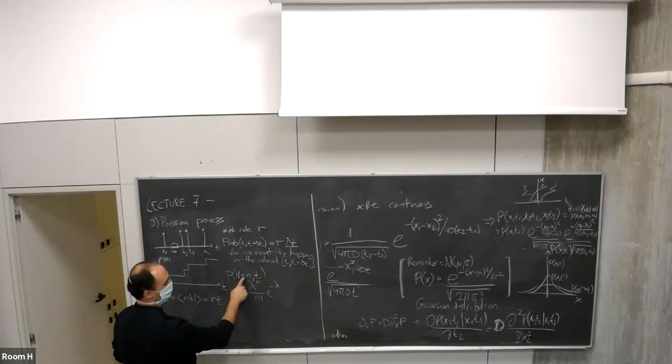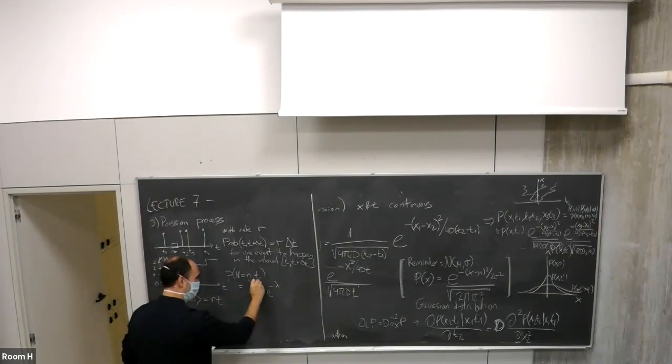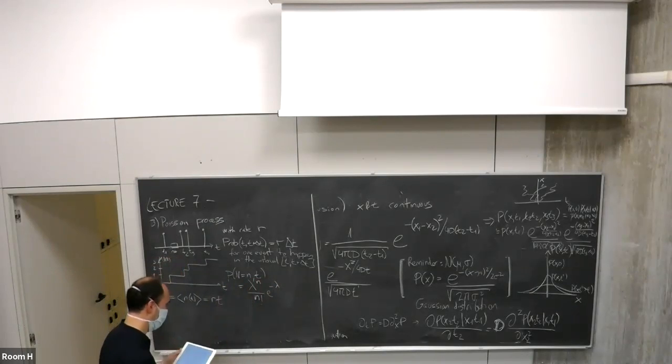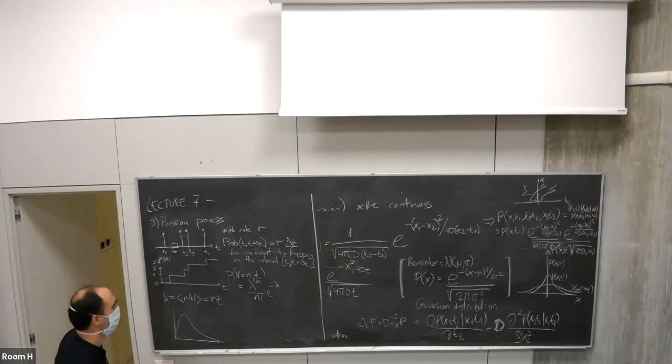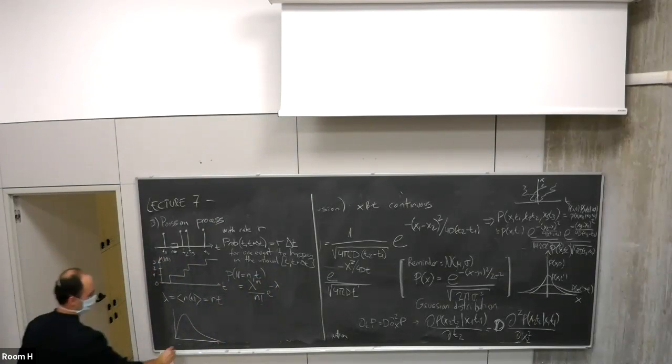The probability that there are n events at time t is this quantity. So the n appears in this way, and the parameter is lambda. So remember, this will be a distribution of this type, Poisson. This will be RT.